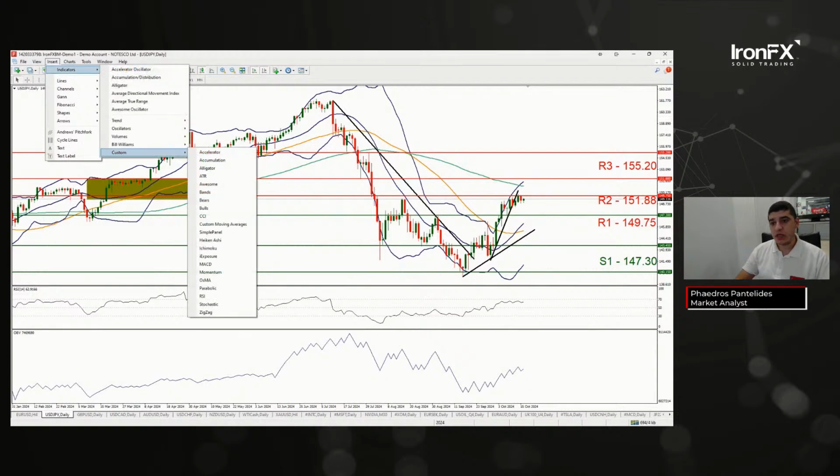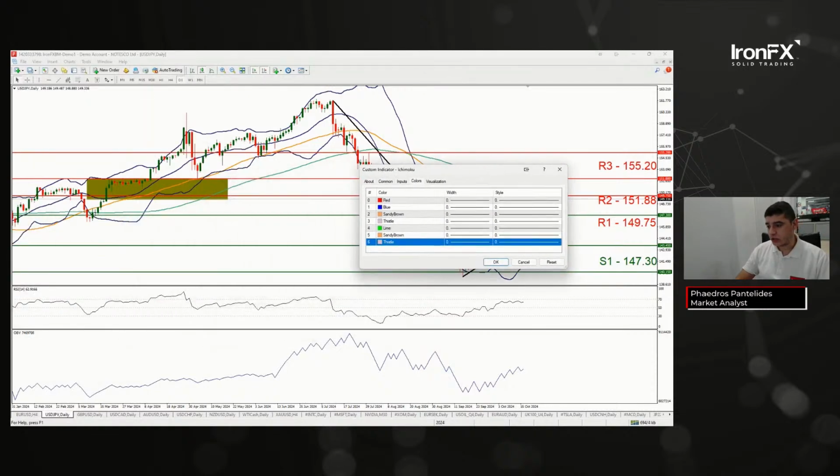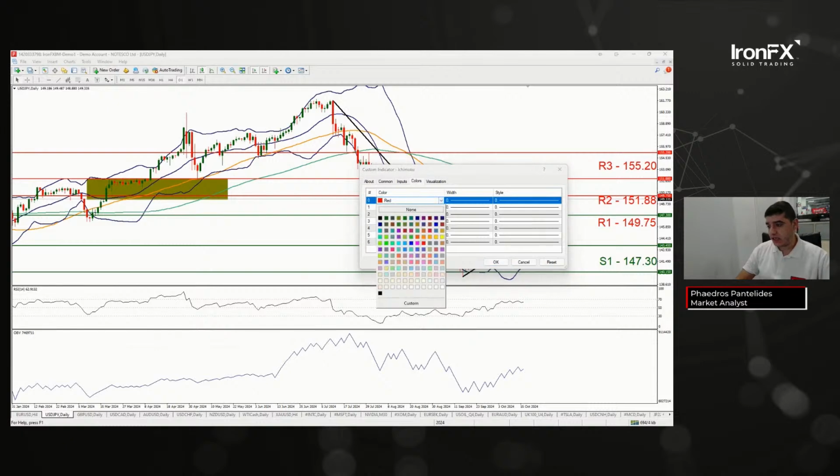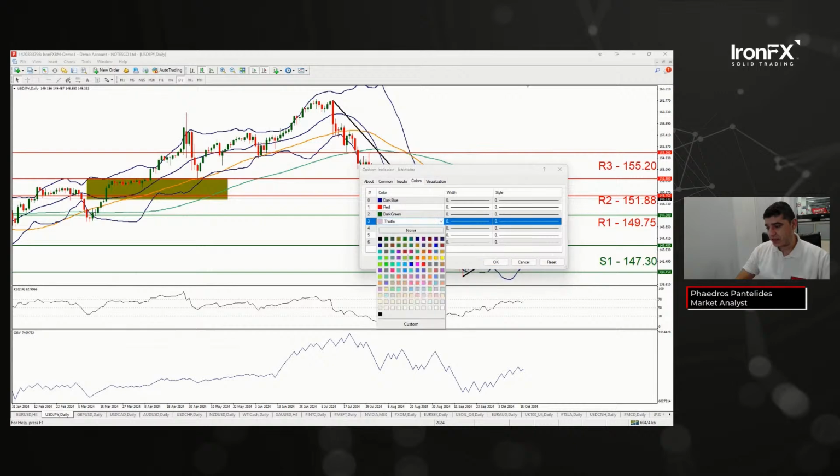So you can go to Insert, Indicators, Custom, Ichimoku, and then as you can see on your screens, this is the conversion line. Below is the baseline, which will be indicated in red. If I'm not mistaken, this will be the cloud, and then we need the lagging indicator, which is green.